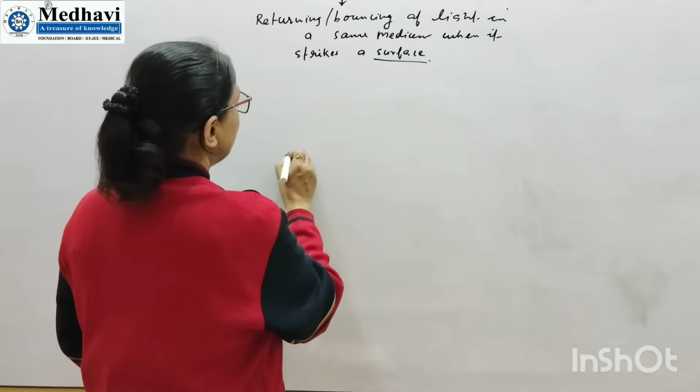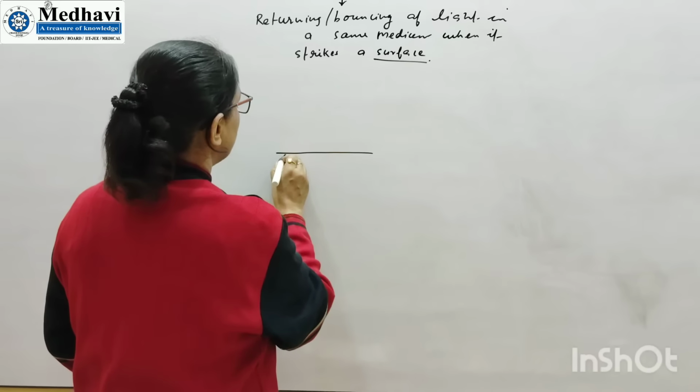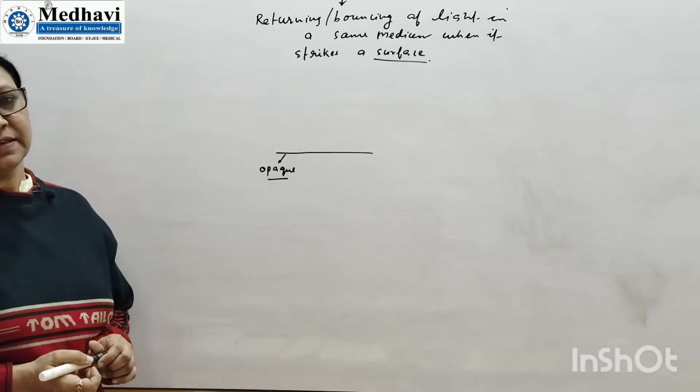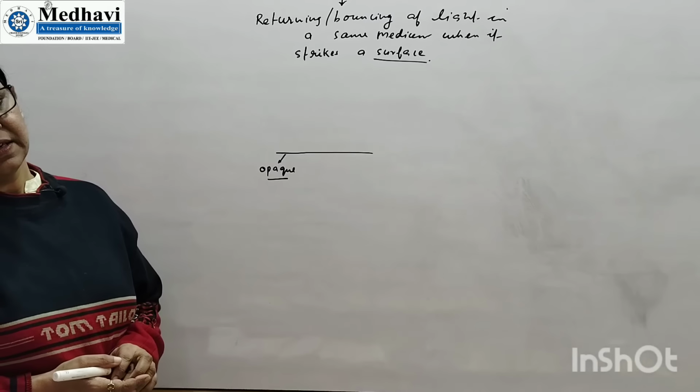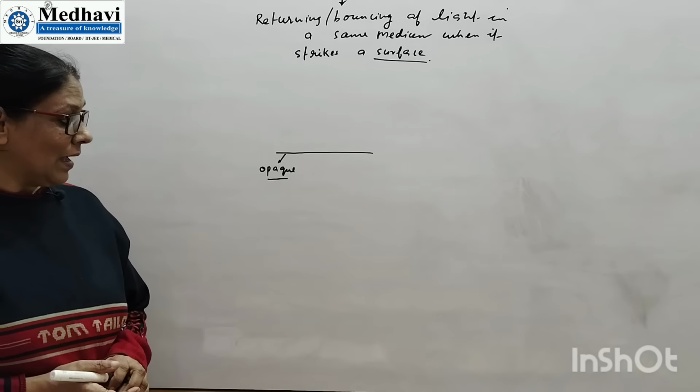So suppose we have taken an opaque surface. There are three types of mediums or surfaces: transparent, translucent and opaque.